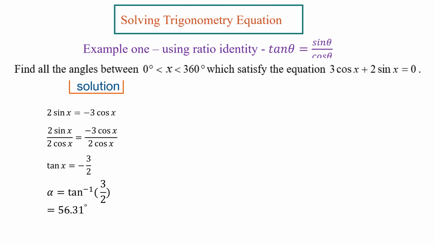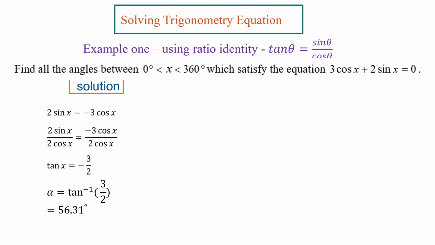So the reference angle we get here will be 56.31 degrees. Express all your angle in degrees to 2 decimal places, except for the final answer, which should be expressed to 1 decimal place, unless otherwise stated in the question.